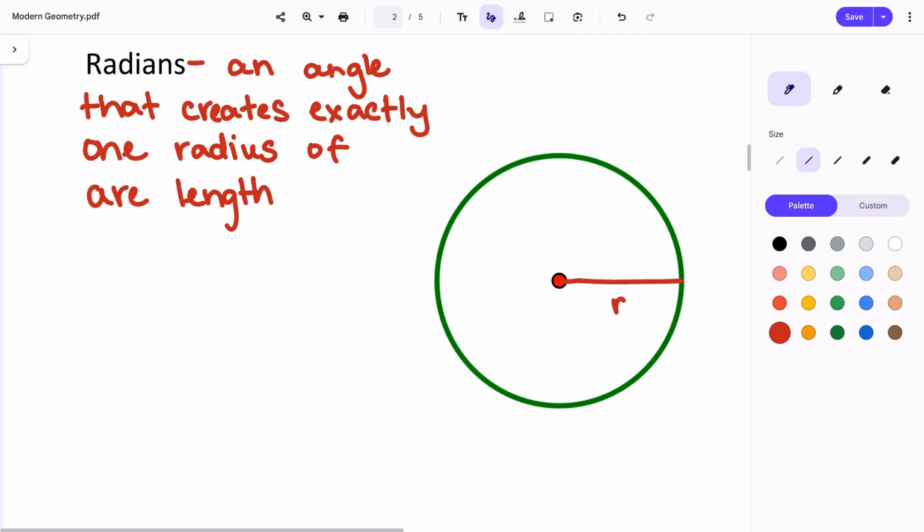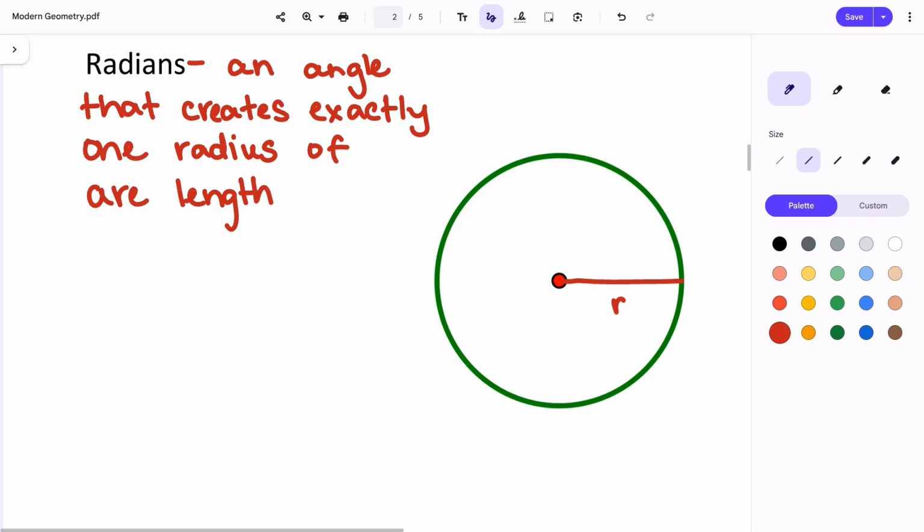So if you think about how long this radius is, if I was able to measure this somehow, whether I had a ruler or I used a tool, just like a compass or something to maybe get that measurement, I could take this straight segment here and bring it out to the edge of the circle and almost bend it and lay it on the outer edge, like the circumference of the circle.